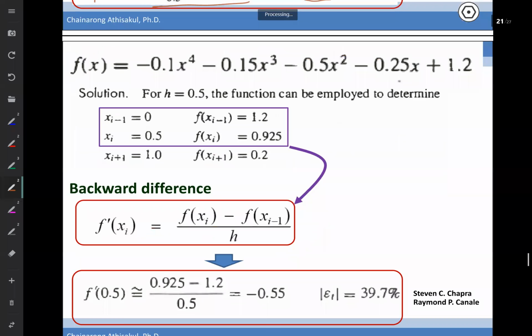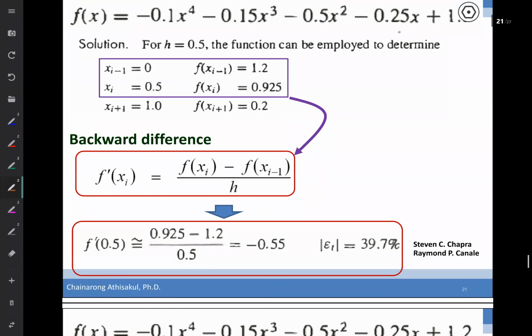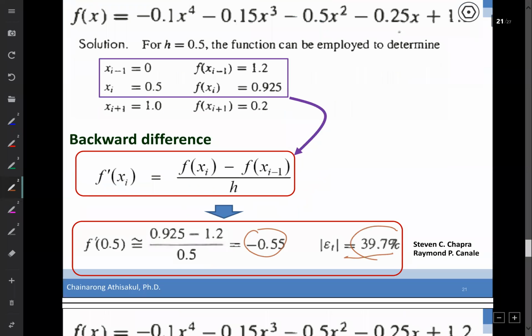And by using the backward difference, we do the same thing, but we use the backward value instead, and we found that the error falls to close to 40%. It's not acceptable also, right?